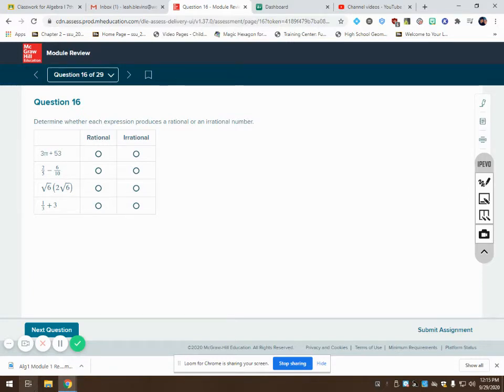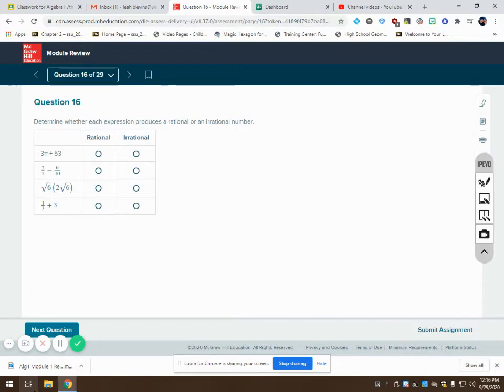So if you think back, by definition, an irrational number is a number that never ends, a rational is a number that does end, it repeats in a pattern. Most importantly, it can be expressed as a fraction. So we've got whole numbers, we've got all of our numbers, but most generally that we look at are rational numbers, except for when we think about numbers like pi, square root of 2, square root of 6, square root of 5, things that we can't take the square root of as a whole number.